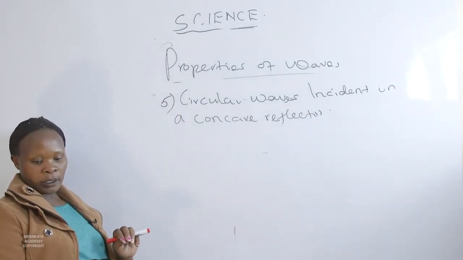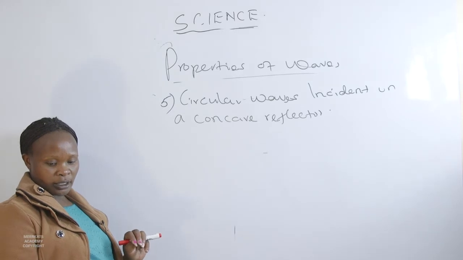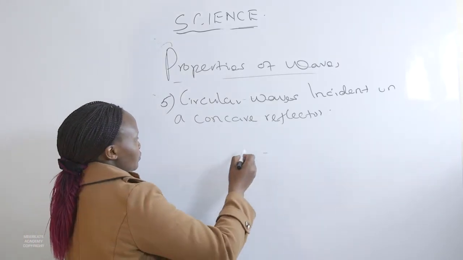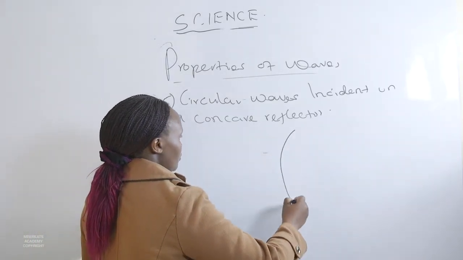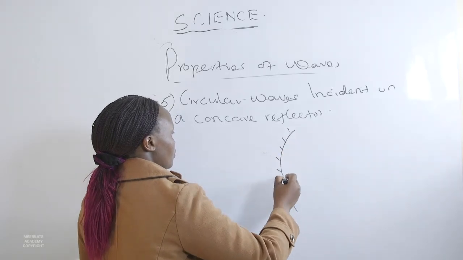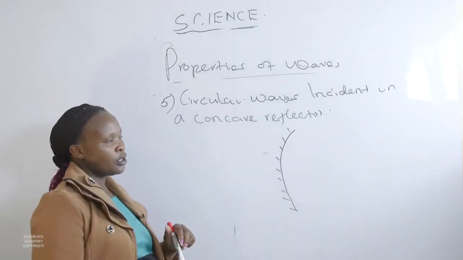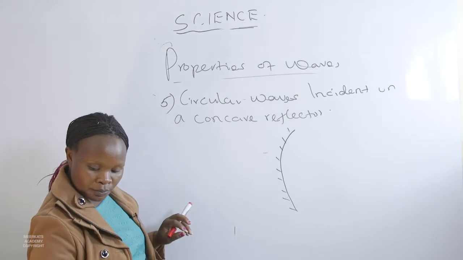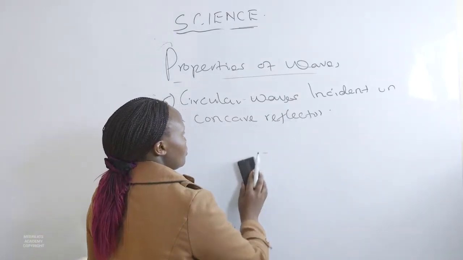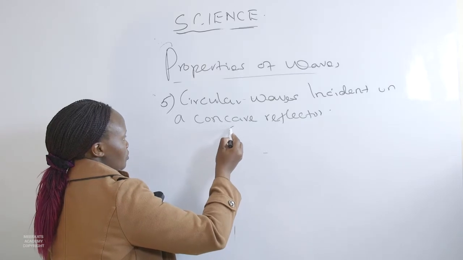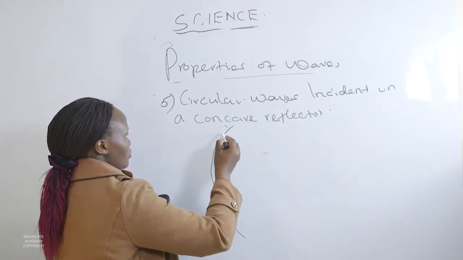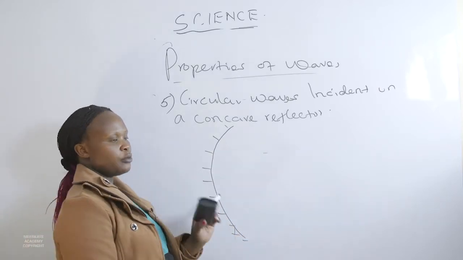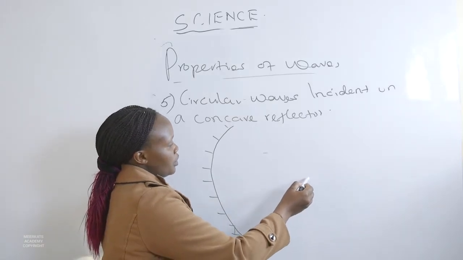Consider circular waves incident on a concave reflecting surface, so that now we have some circular wavefronts from some point here.